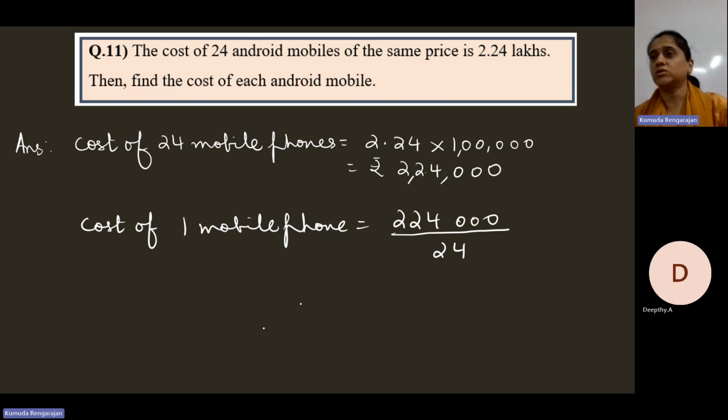You can use long division also. You can simplify like this using the tables of 2. 2 12 times, 2 ones are 2, 0 0 0. Then again 2 6 are 12.